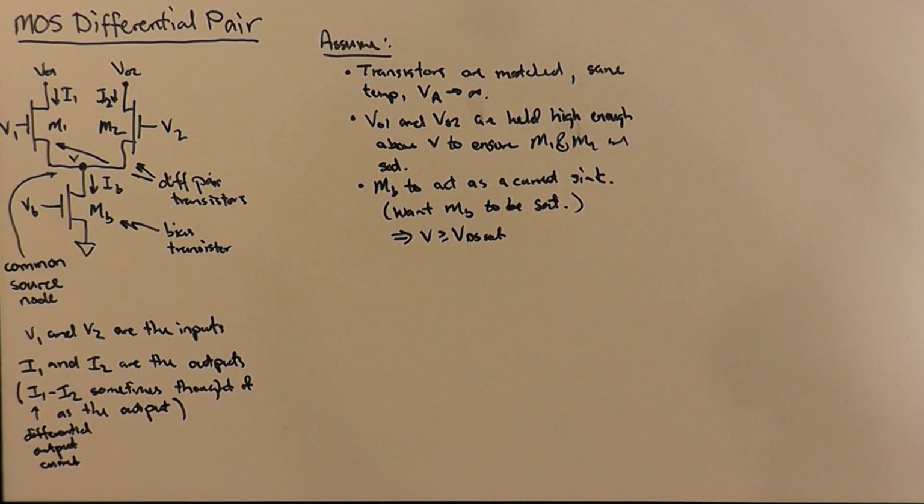But eventually we're going to want to know something about the input voltages rather than this internal node V, to say something about the minimum allowable input voltages, kind of like we did for the source follower. So when we start to deal with the characteristics of this circuit quantitatively, we're going to basically make the assumption that MB is saturated, and then go back and think about under what conditions that would be consistent.